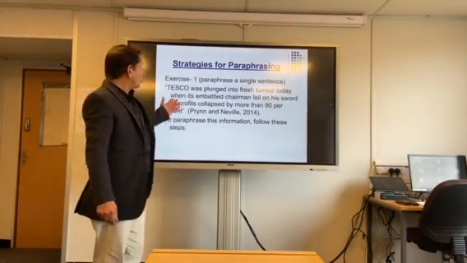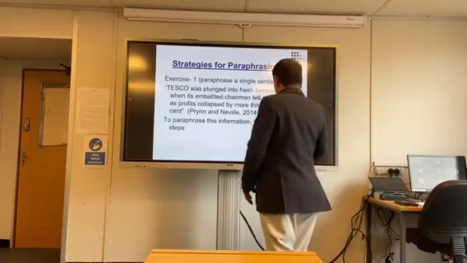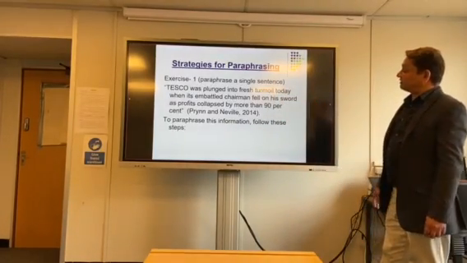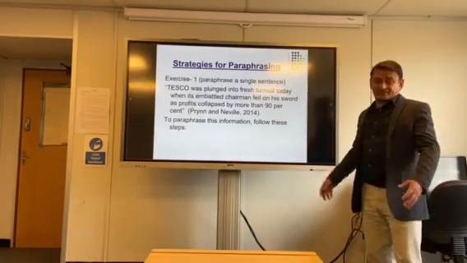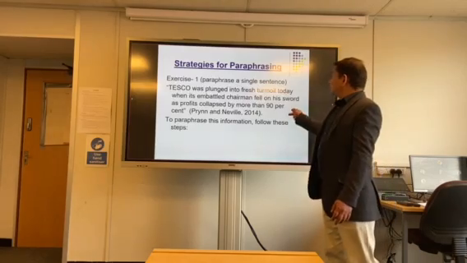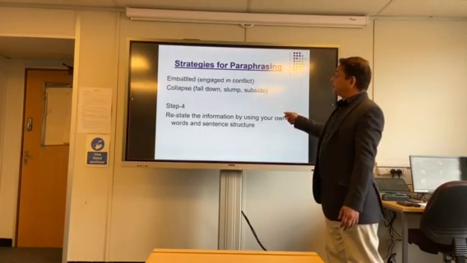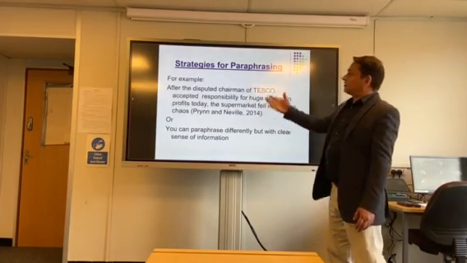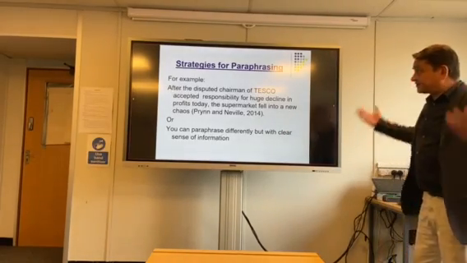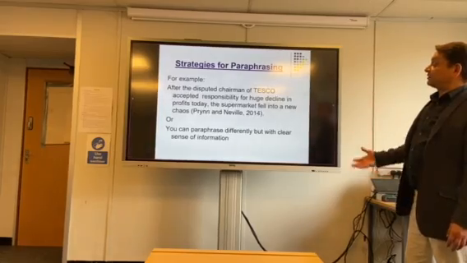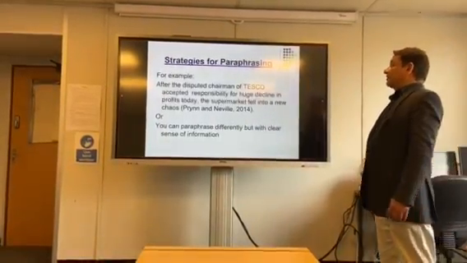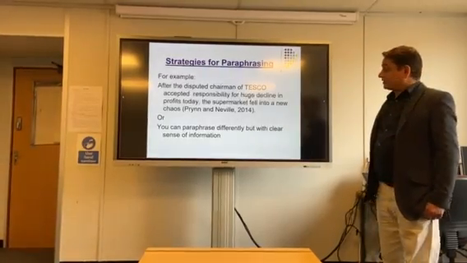Look: Tesco was plunged into fresh turmoil today when its embattled chairman fell on his sword as profit collapsed by more than 90%. That was the original sentence. And you have written it after adopting all these strategies. After the disputed chairman of Tesco, same meaning, accepted responsibility for huge decline in profit today, 90%, and huge decline in profit, the supermarket fell into new chaos.